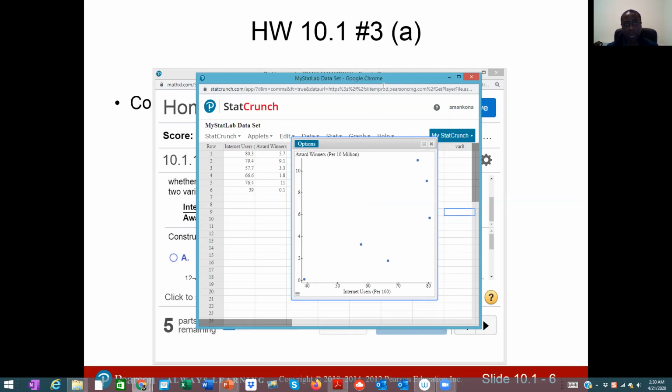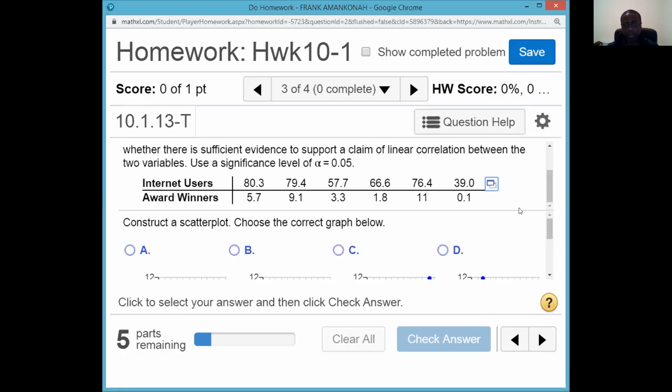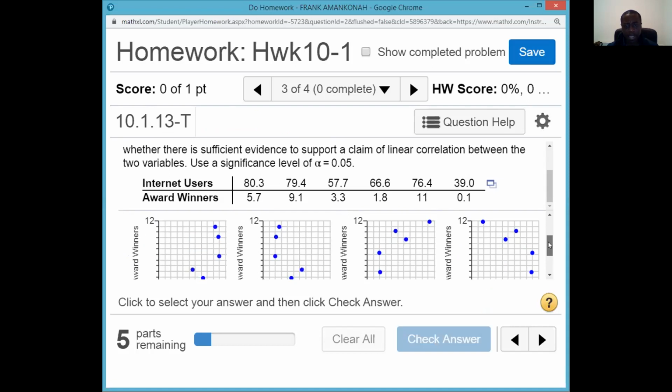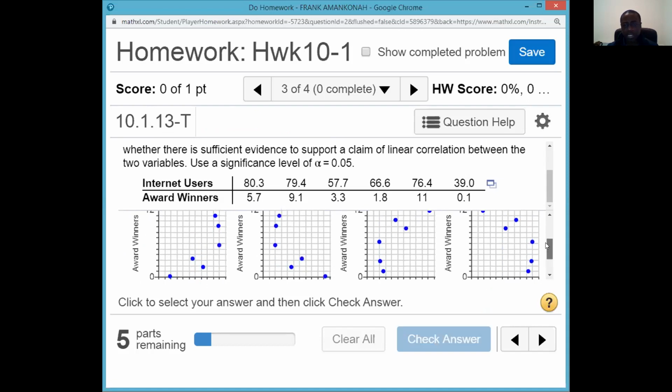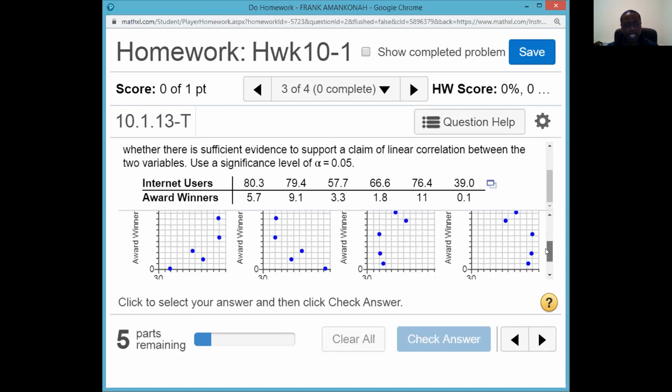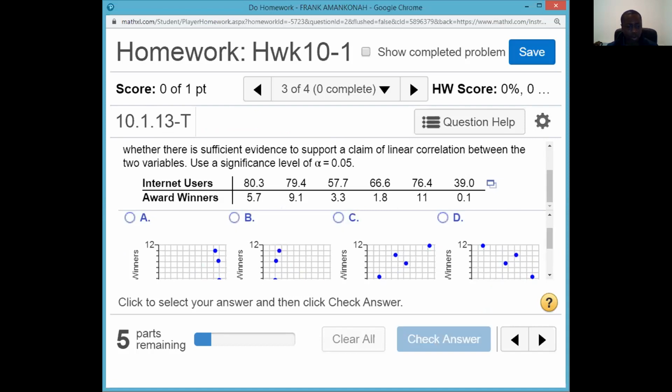Now let us go back to our question, and we'll select the right graph. As we can see, it looks like this is the first or the second one. Let me go back and make sure we have the right graph.